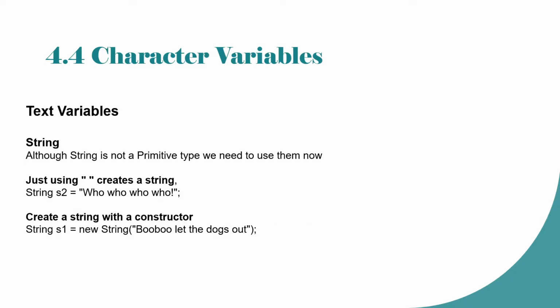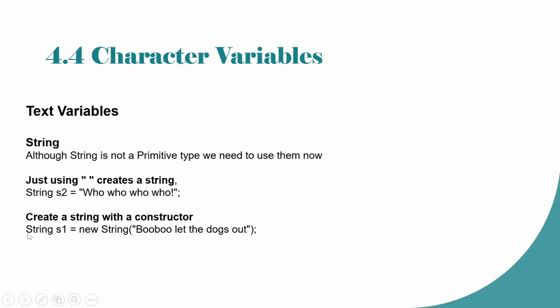And then we mentioned strings as text variables. Now, there are 2 ways to define a string, or to declare a string variable. This way is the primitive way of declaring it, where you say string s2 equals, and you assign it a value that could be inside double quotes.